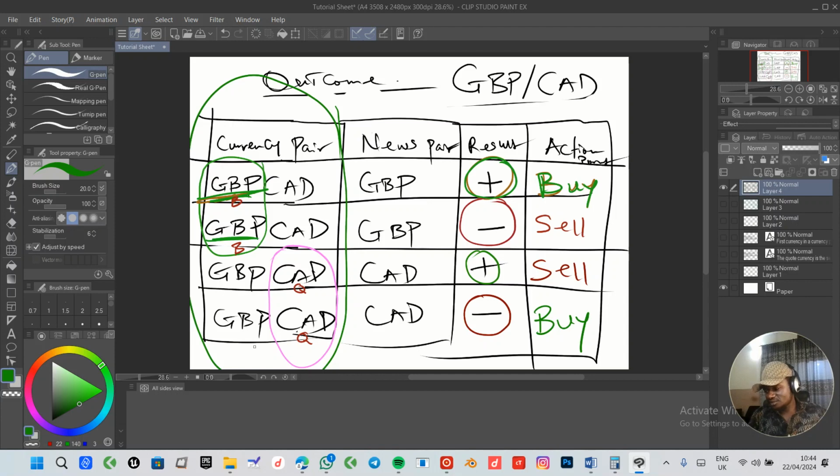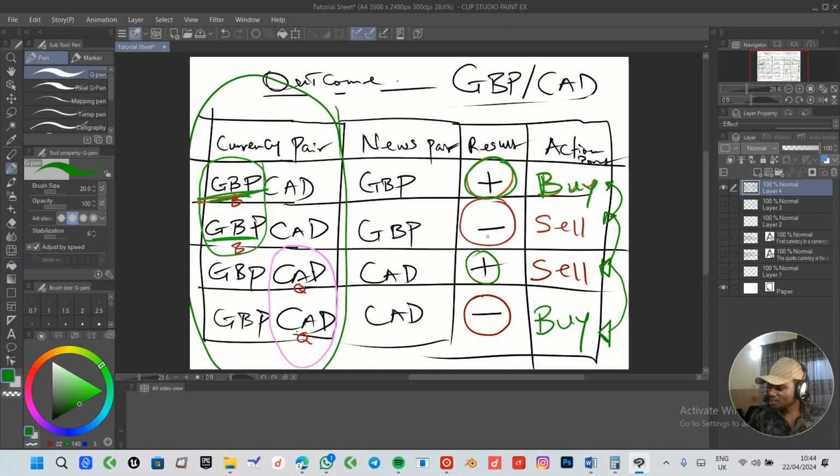That's a negative thing, so you should be selling. Okay, so that's the ideal way to go about it. The exercise you do to master this is to draw this table, pick a particular currency pair, write it into 4 places, and be practicing.